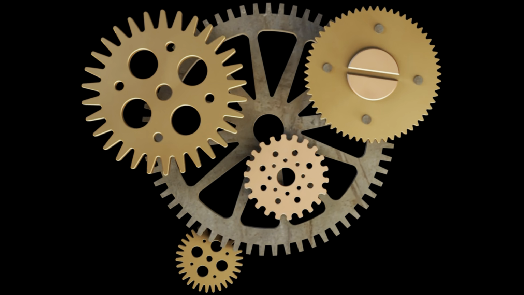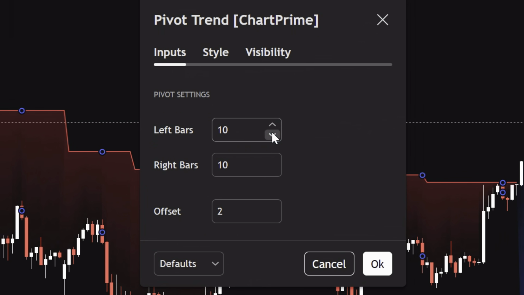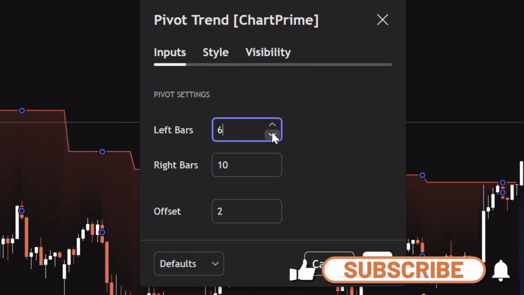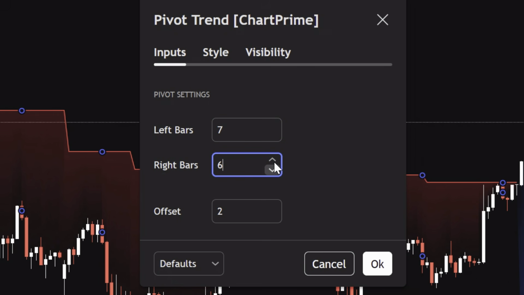First, adjust the settings. Set left bars and right bars to 7, and set offset to 0.